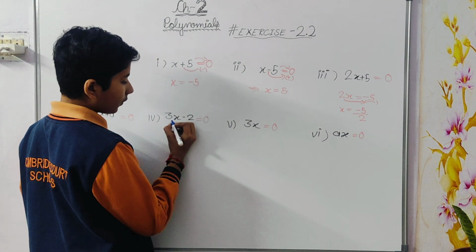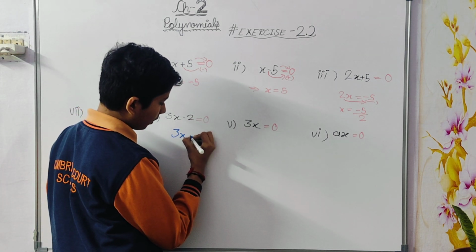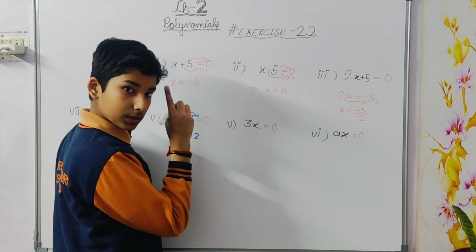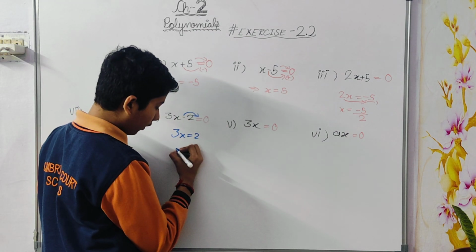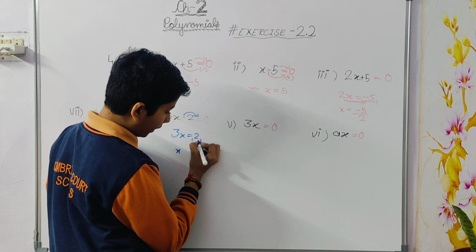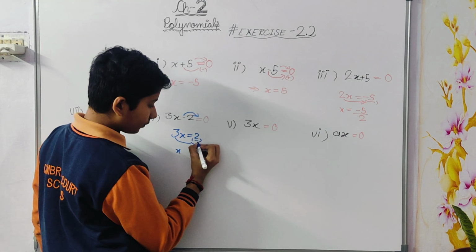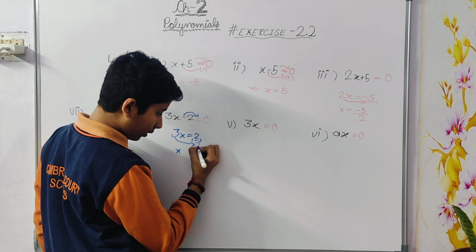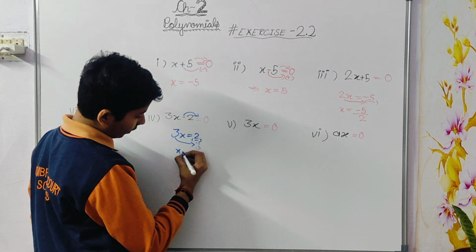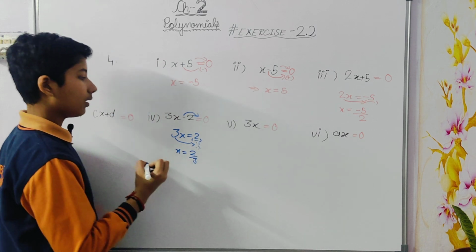So the next one is 3x minus 2. 3x equals to 2, because this will go there and the symbol changes again. Now x will become 2 by 3.